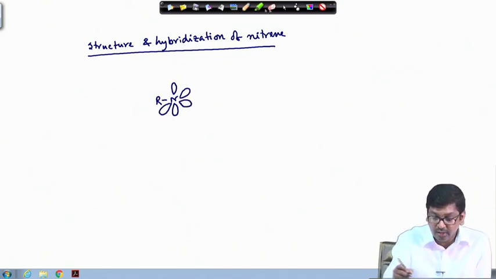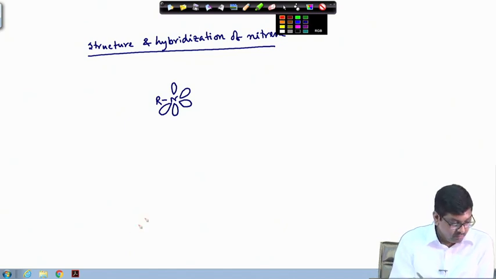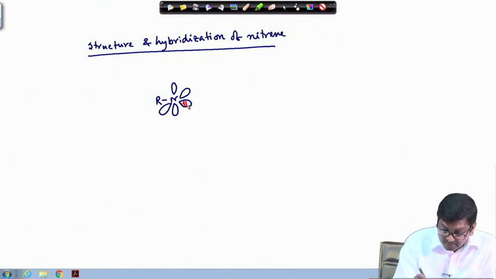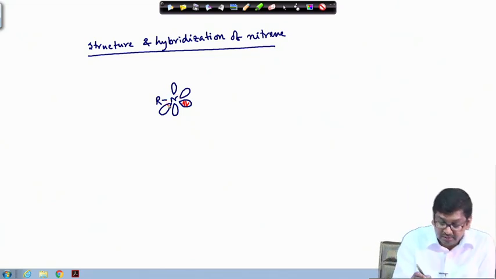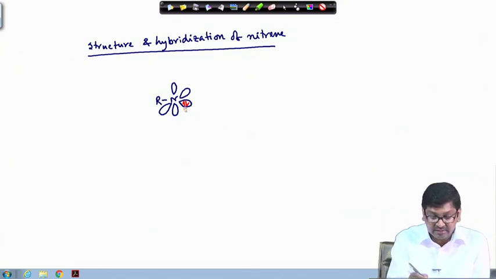We have a total of 6 electrons. One pair is the bonding pair of electrons, and another 2 electrons are the nitrogen's lone pair.